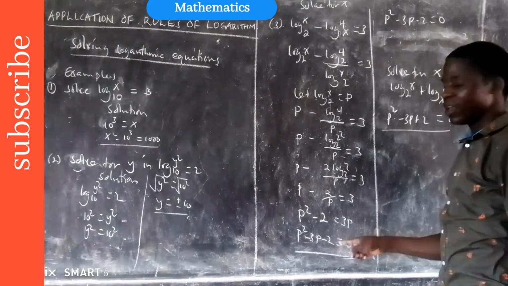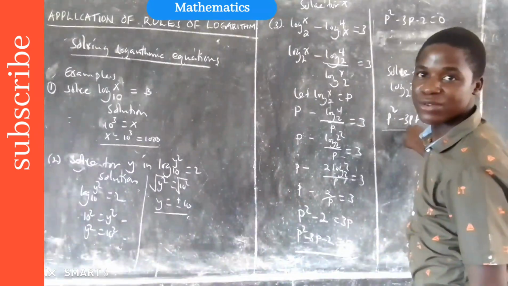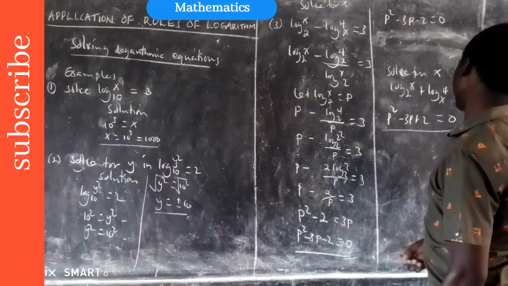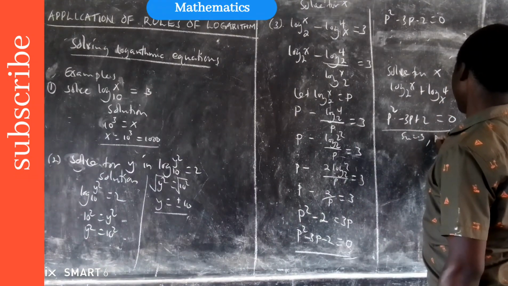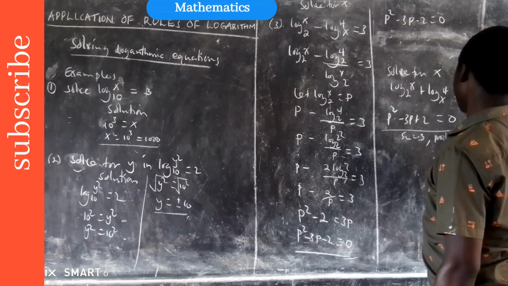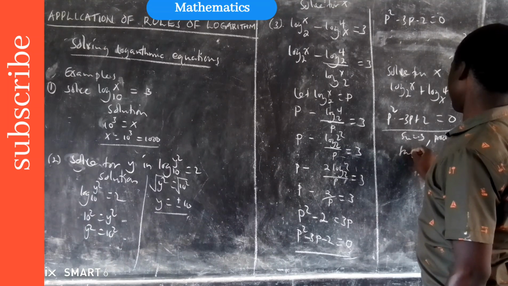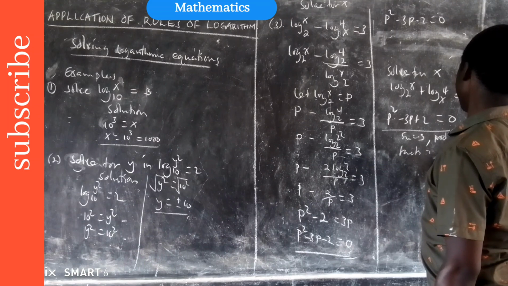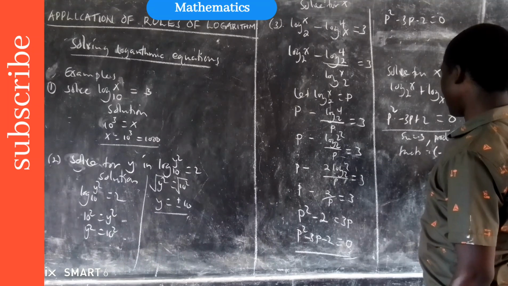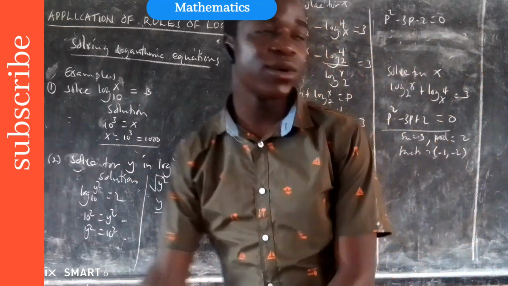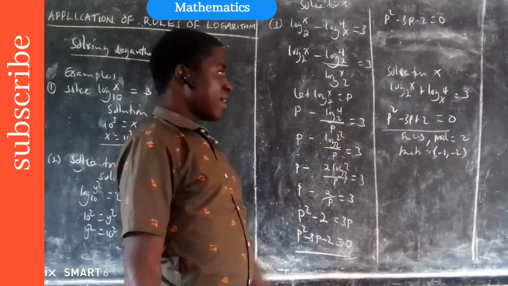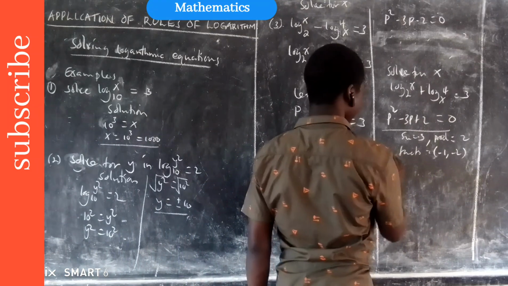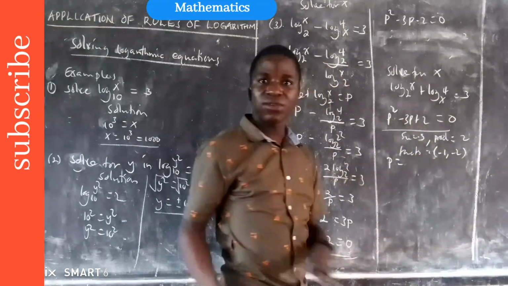This is the one I'll end with when I solve this one here. When I solve this one, the sum is equal to negative 3, then the product will be equal to 2. Then the factors will be negative 1, negative 2. So that when I add the 2, I get negative 3, and when I multiply, I get positive 2.